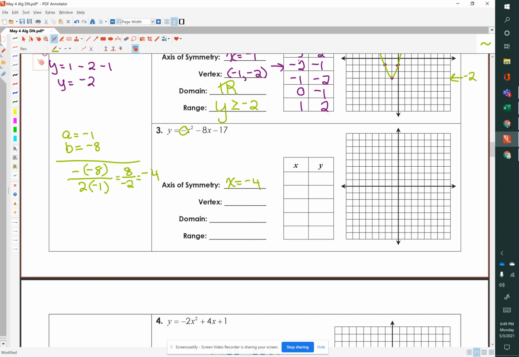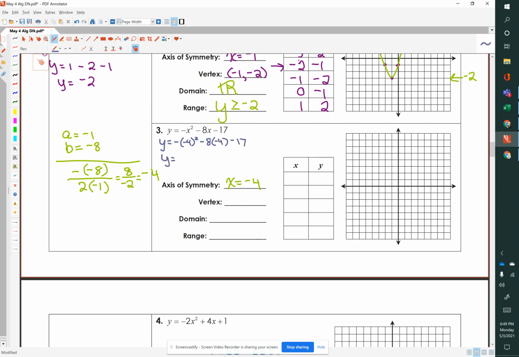And we're going to substitute negative 4 and find the vertex. That would be y equals negative (negative 4) squared minus 8 times negative 4 minus 17.